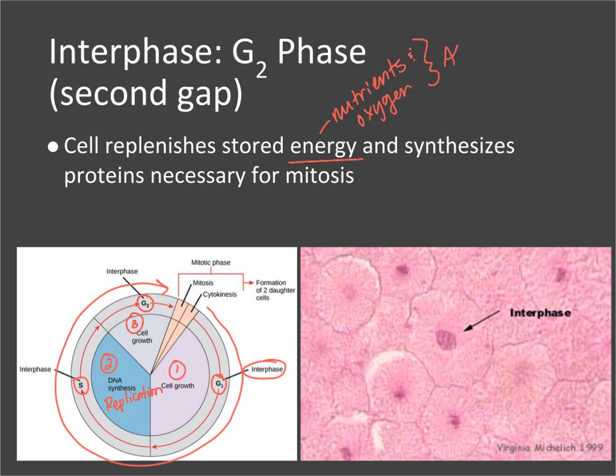And it needs ATP because mitosis is an active process. It takes a lot of energy in order for it to occur. We also need things like proteins in order for mitosis to occur, and we'll talk about what those proteins are. So you can just think of it as another kind of growth and preparation phase to get the cell ready for the mitotic phase.